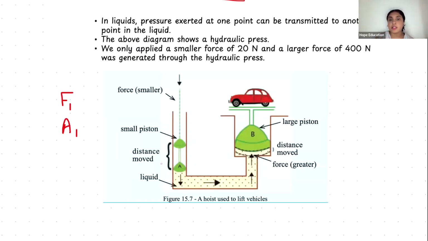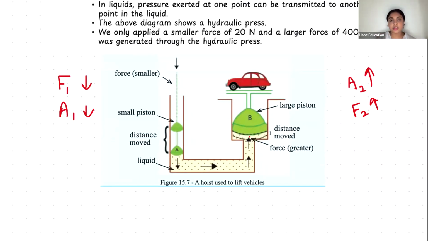That same pressure will go to this side. But here the area is higher. Since the area is higher, force generated will also be higher, and that force will be enough to lift this vehicle. Okay, that is a hoist. Again, you won't be asked to draw this, but you just need to know what a hoist means. Is that clear?